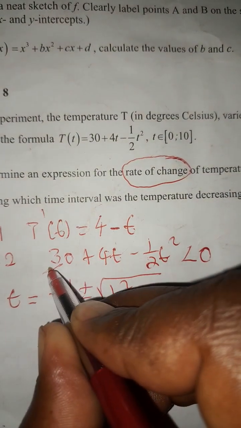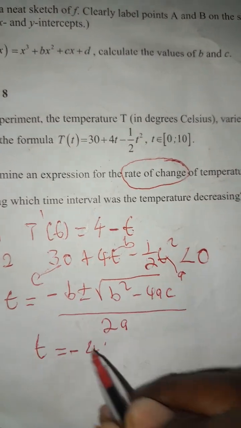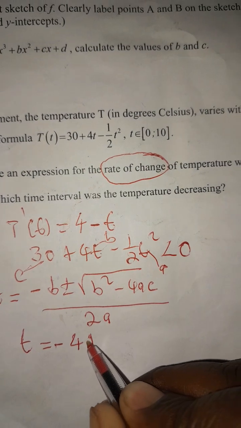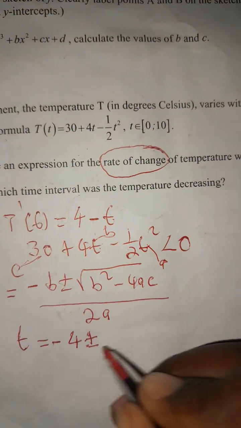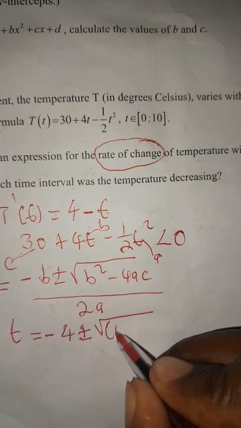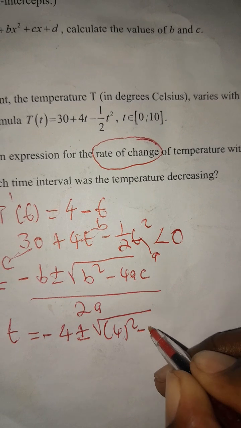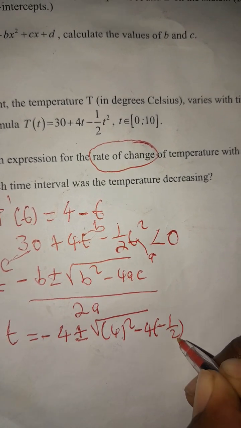Remember that this is your a, this is your b, and this is your c in this case. So it's going to be negative 4 plus the square root of 4 squared minus 4 times our a.